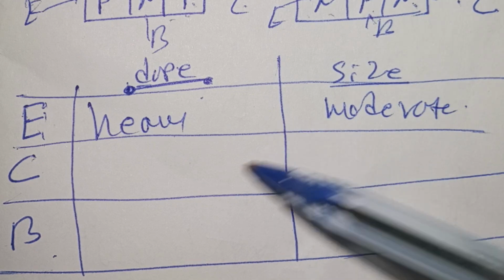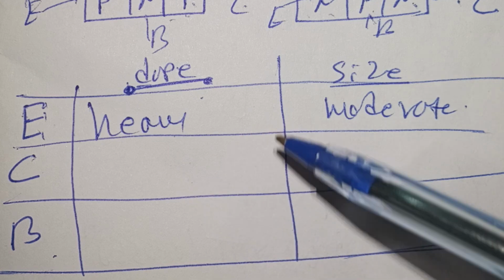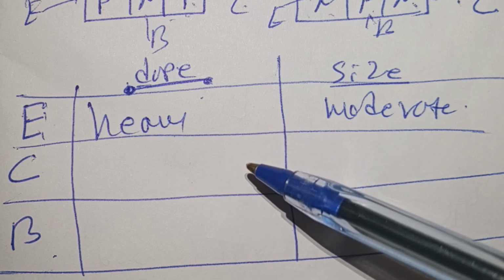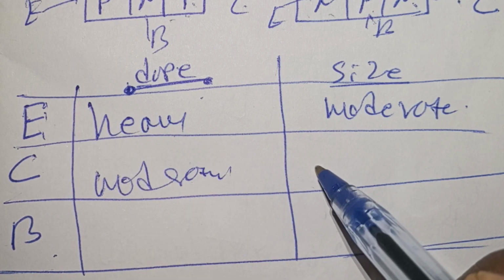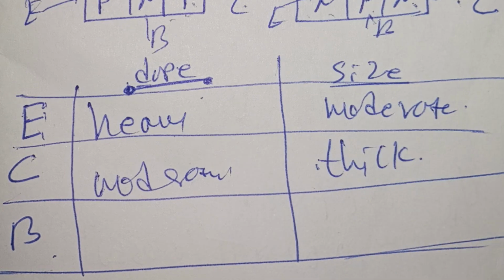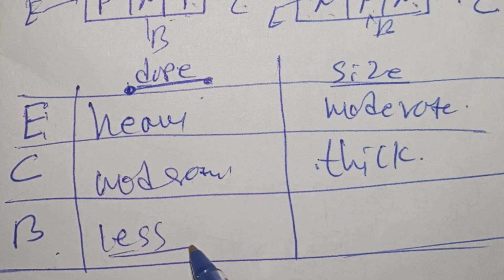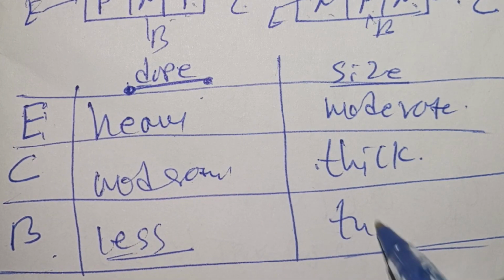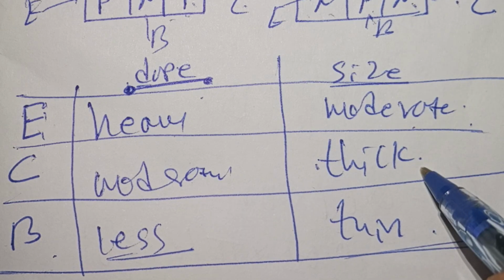The collector is the section of the transistor which collects charge carriers. It is moderately doped and very large in size, or very thick. The base is lightly doped and very thin compared to the collector and emitter.